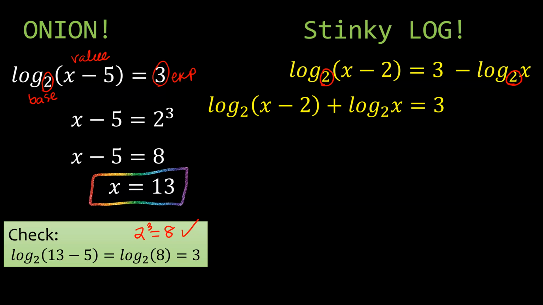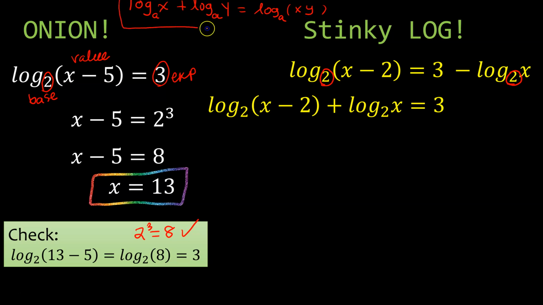And property of log says that log base a of x plus log base a of y, when we combine or when we condense, will equal log base a of, what are we going to do with the input there? x multiplied by y.